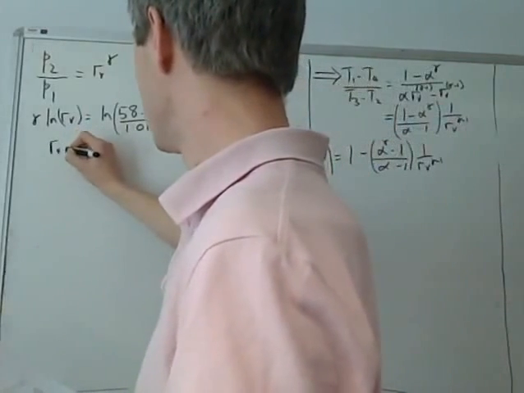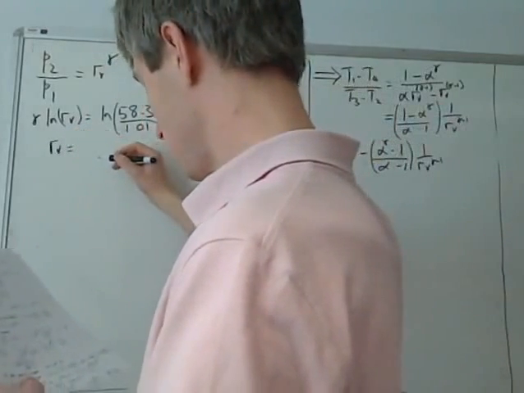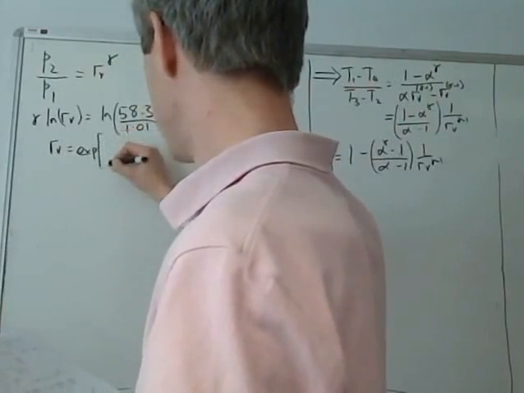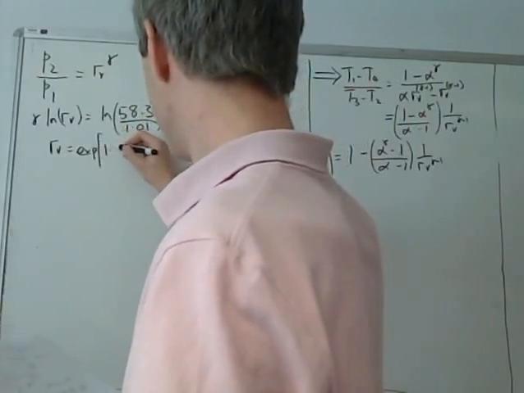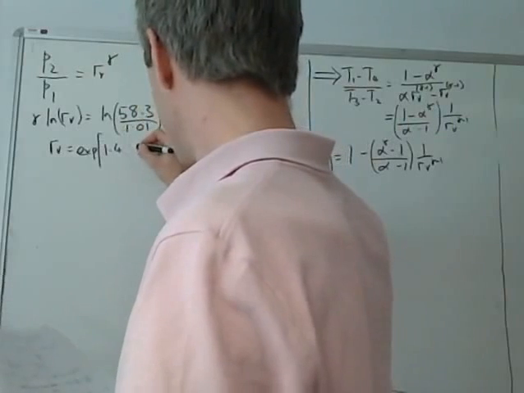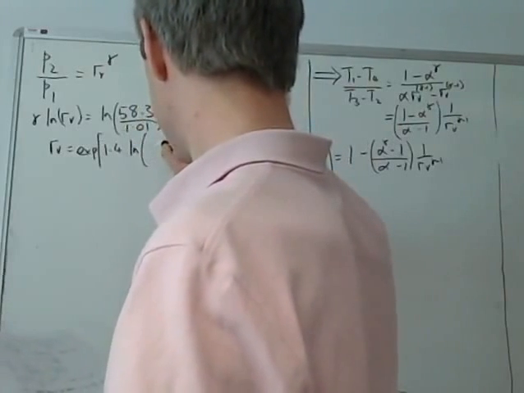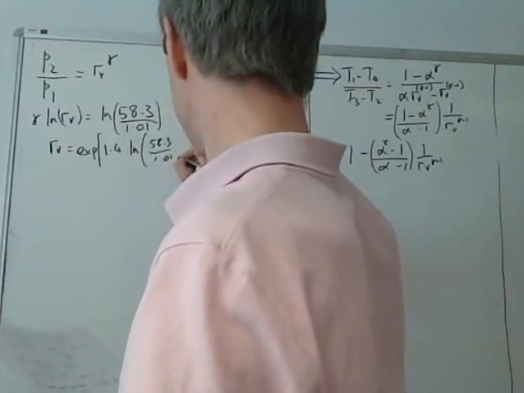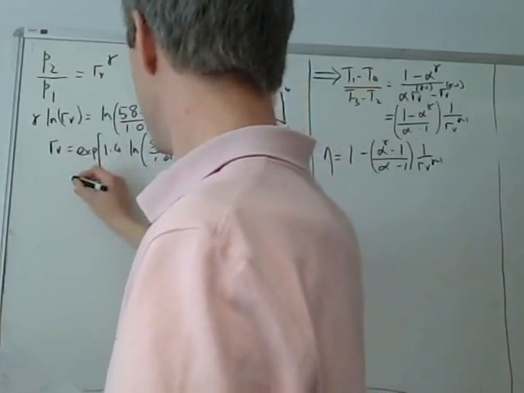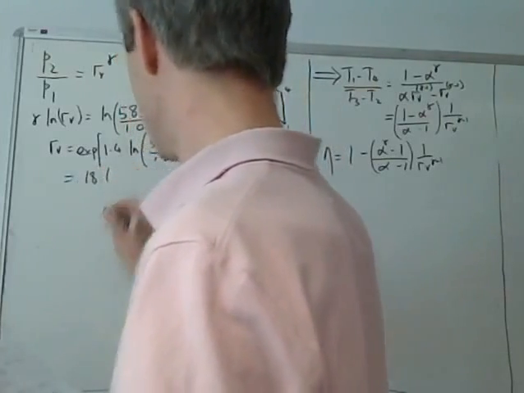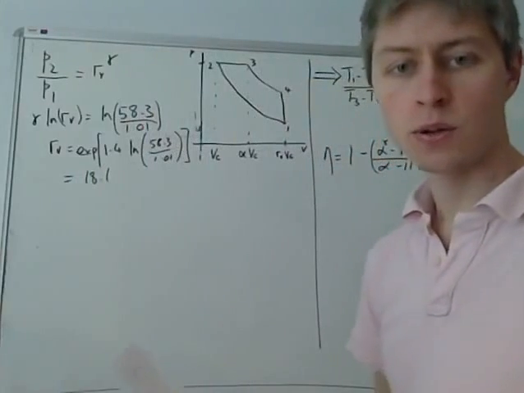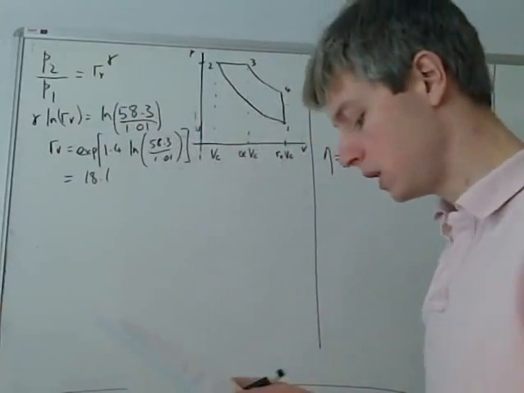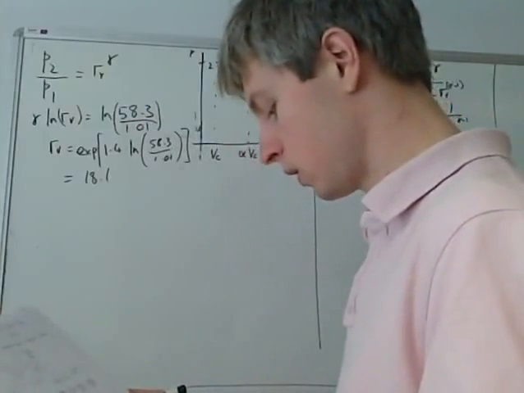Then a bit of algebra tells us that RV is equal to the exponential e to the power of 1 over 1.4, which is gamma, times the log of the pressure ratio 58.3 over 1.01, which is 18.1. And that's a fairly typical compression ratio for a diesel engine. And this is, as we mentioned, the diesel cycle.